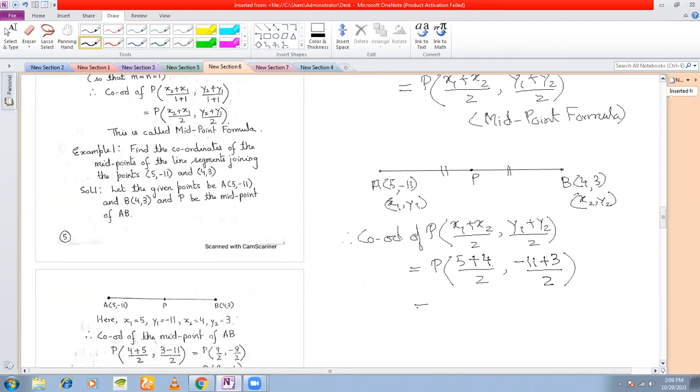Okay, so now you can calculate this to be 9 by 2 and minus 8 by 2, which is equal to P(9 by 2, minus 4). This is the coordinate of the midpoint.